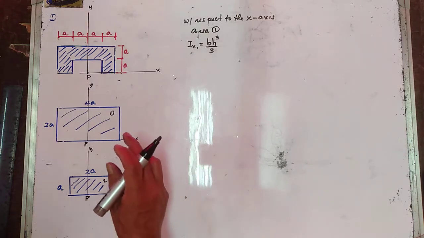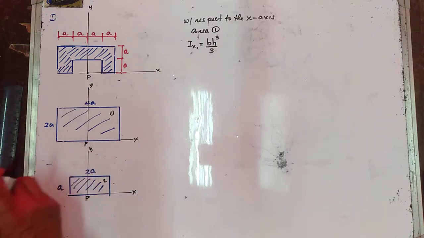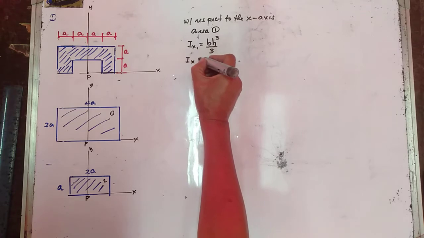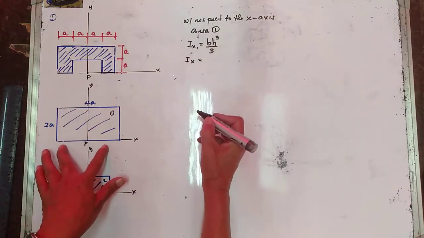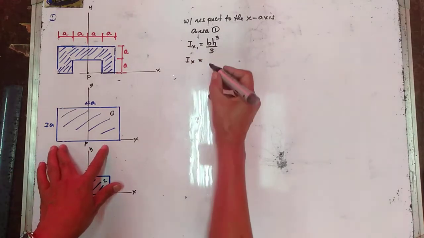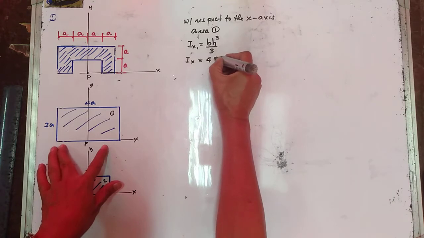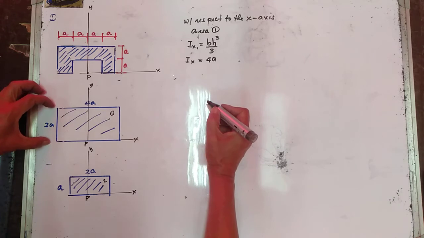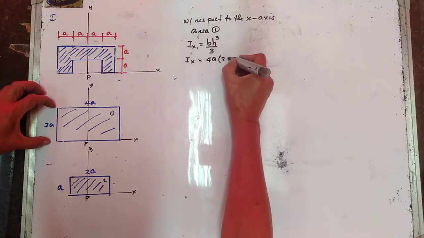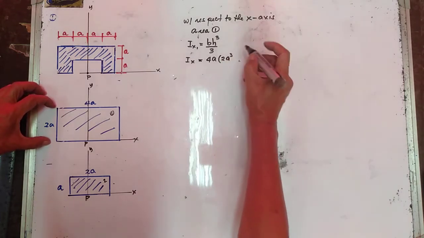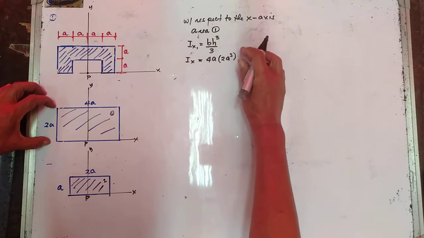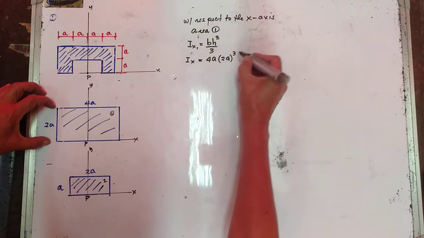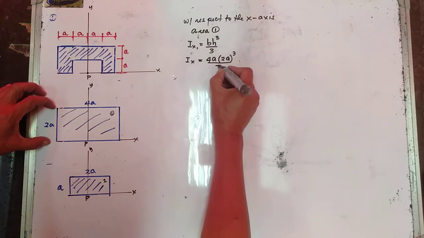So your Ix1 is equal to, B is equal to 4A, and H is equal to 2A, so that is 2A cubed all over 3.